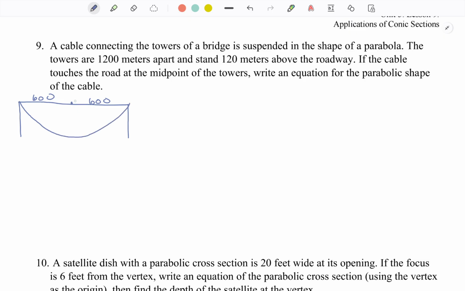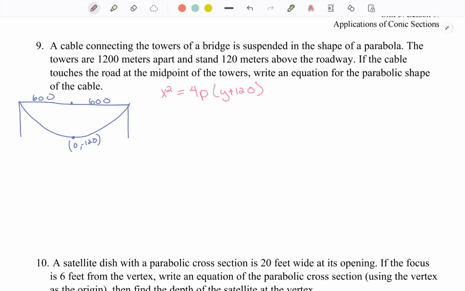And then that parabolic shape is between them. So that's going to be 0, negative 120 for that point. And we'll just have to solve for p again. So we will have x squared equals 4p times y plus 120.